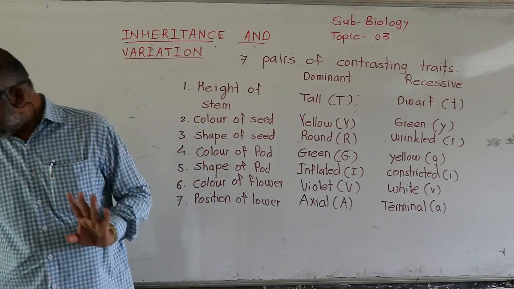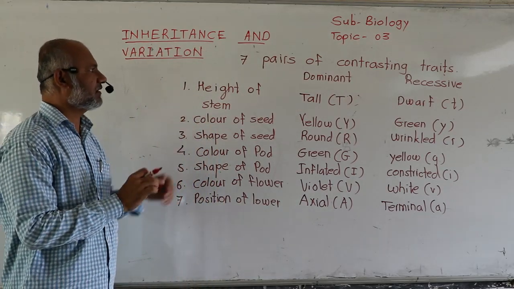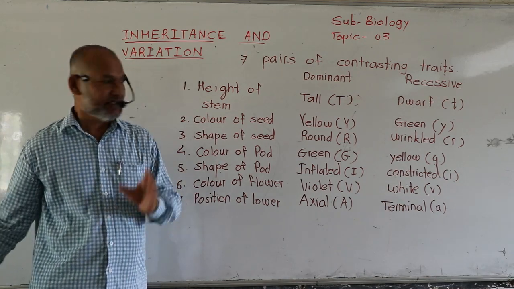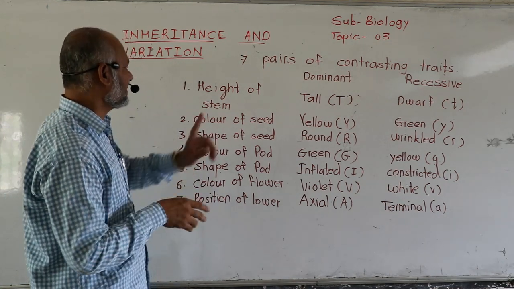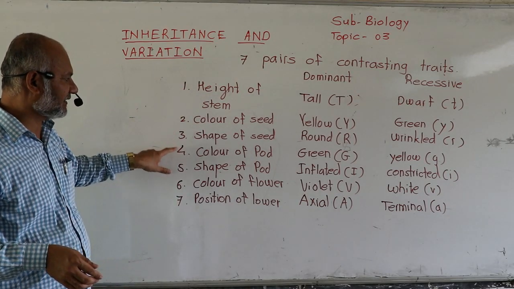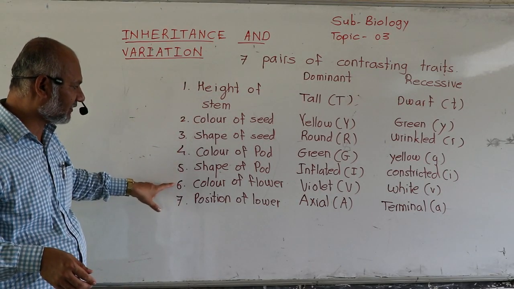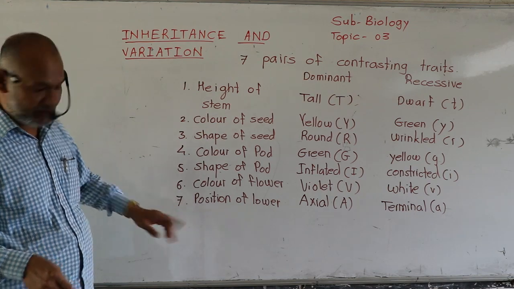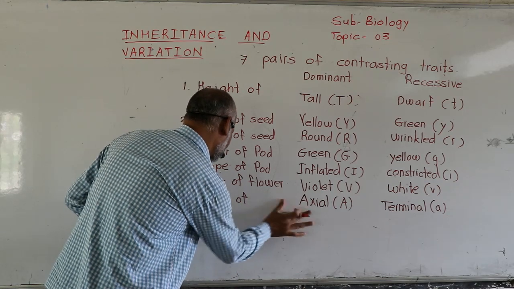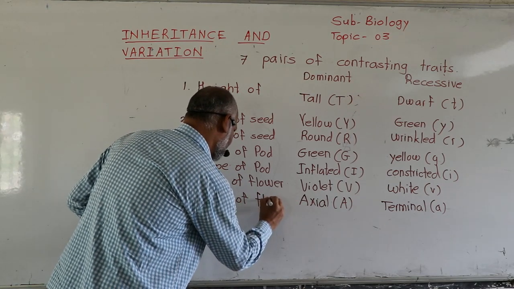These are the 7 pairs of contrasting traits studied by Mendel in pea plants: height of stem, color of seed, shape of seed, color of pod, shape of pod, color of flower, and position of flower.